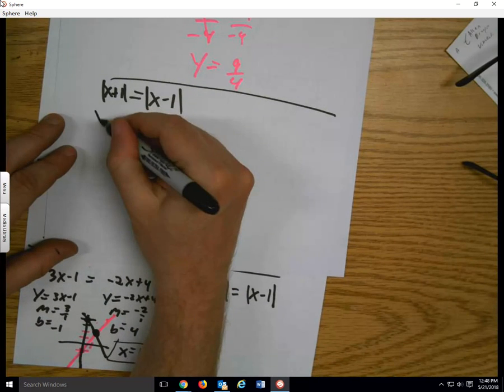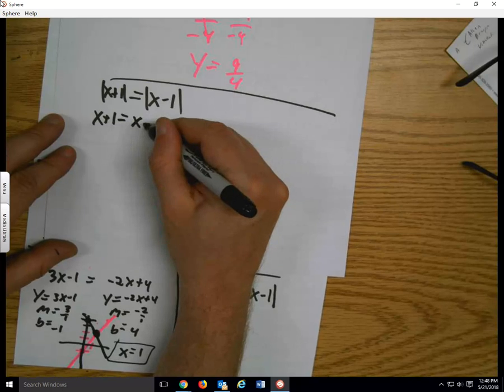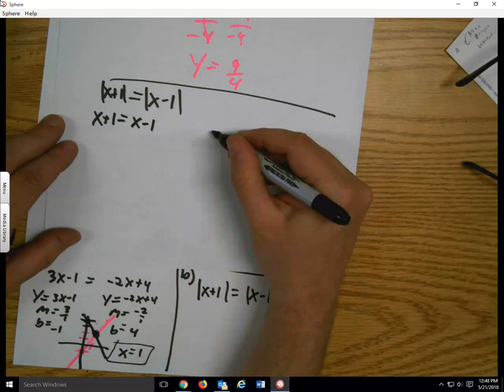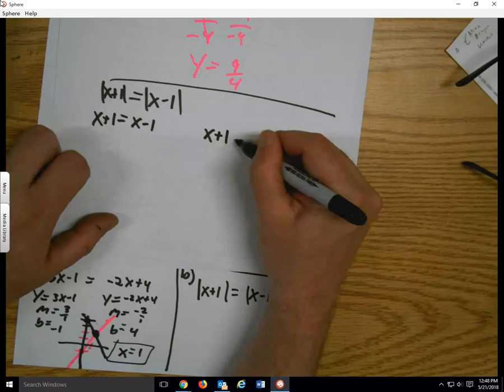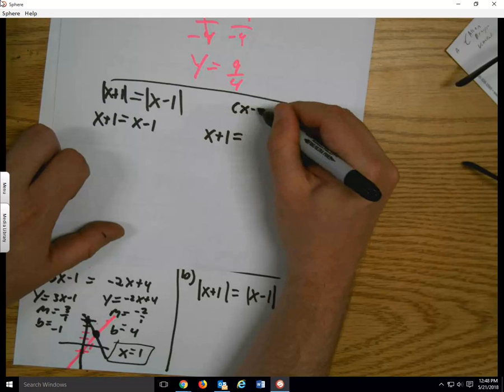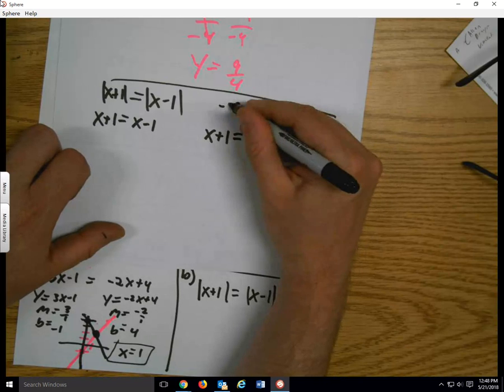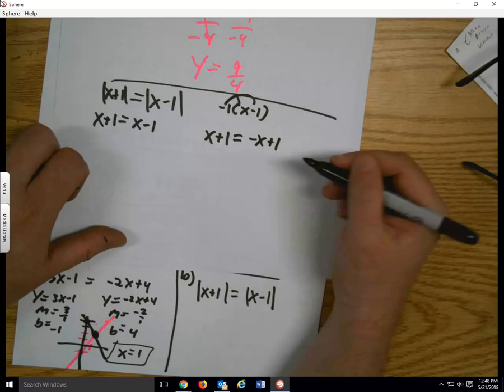The first time exactly the same, but with no bars. The second time, the first part staying the same, the first quantity here. The second one, you're going to multiply by a negative 1. So it'll be a negative x plus 1.